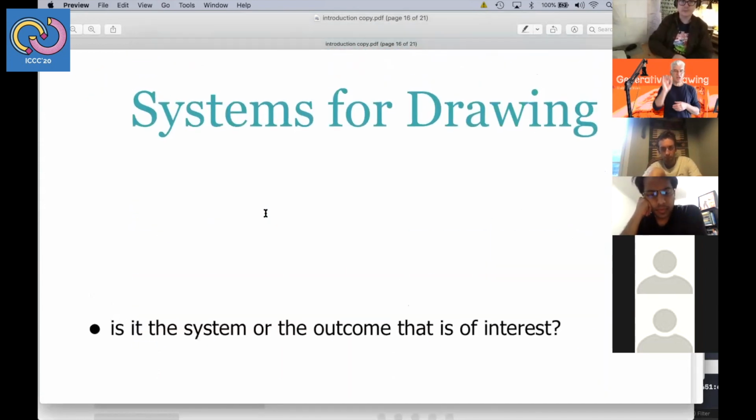When you look at systems for drawing, there are these two questions. One is, is it the system or the outcome that's of interest to you? In a recording artist, it's potentially that version that got released as the LP, the CD, the song, or whatever else, or that particular print in the case of Vera Molnar.